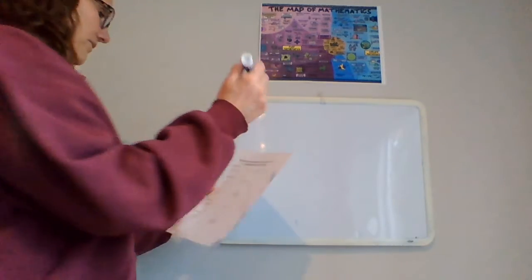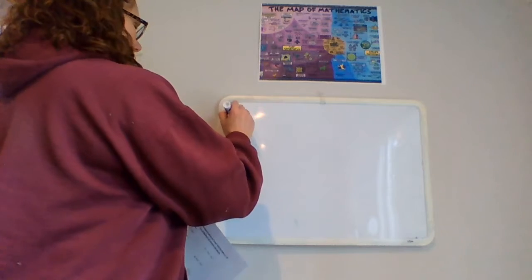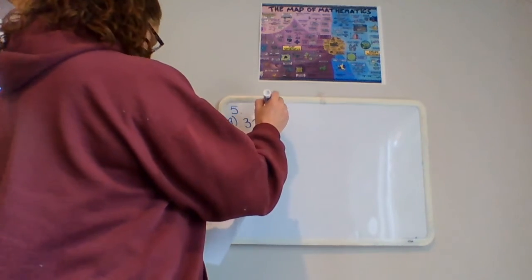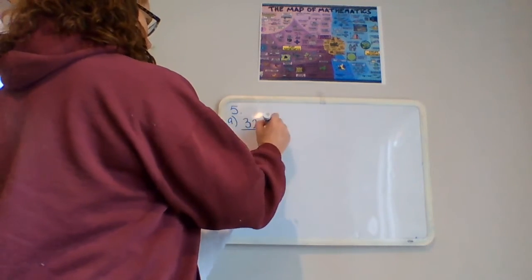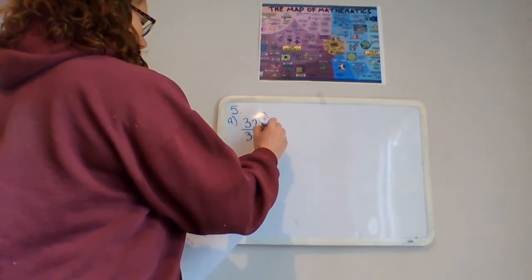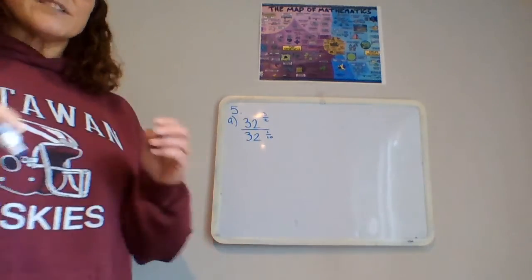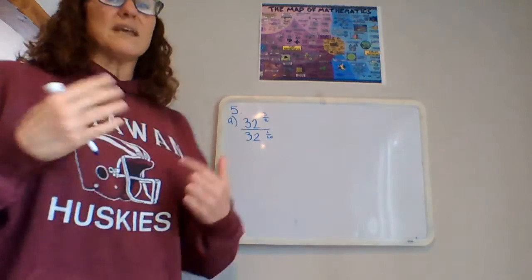Example 5 gets a little bit more complicated. A, we have 32 to the 3/2 over 32 to the 1/10. Okay, now I need to address something here. There's a reason why I can't just divide those 32s and make it a 1.